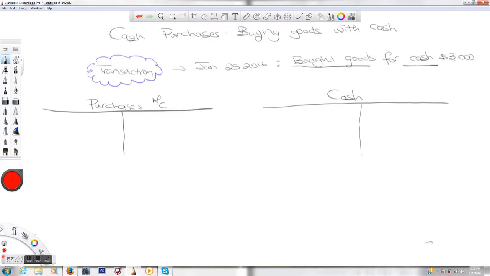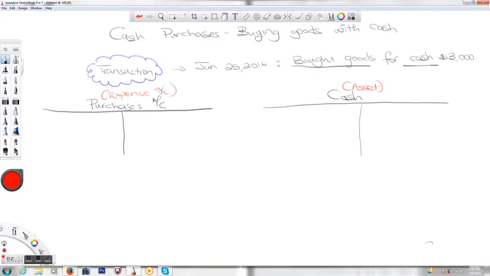We know by now that cash is an asset, and purchases. Do you remember what type of account purchases is? When did we discuss purchases? Under which category? Well, let me remind you. Purchases is the most important expense in a business. So purchases is an expense.